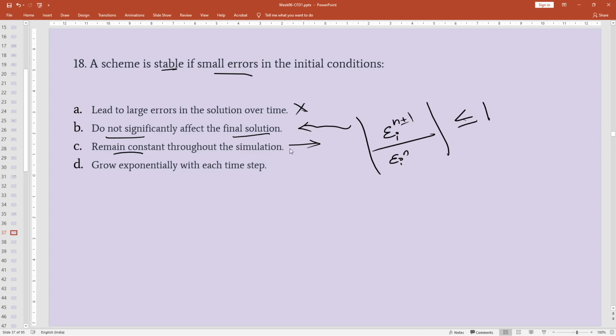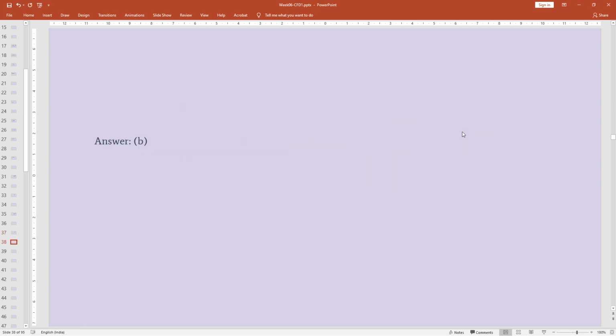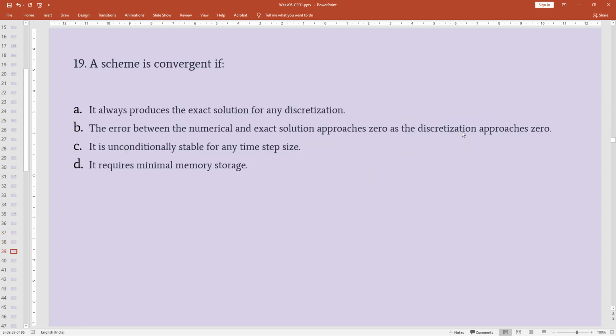If you are going with option C, you are not taking it as an inequality, but as an equality. That is not necessary. There are schemes which can reduce the errors. So at best, it should not increase. That's what stability is. So moving on to the next question.